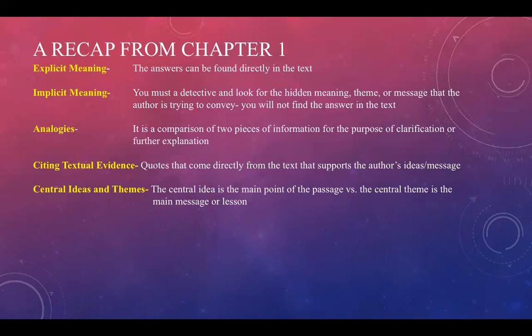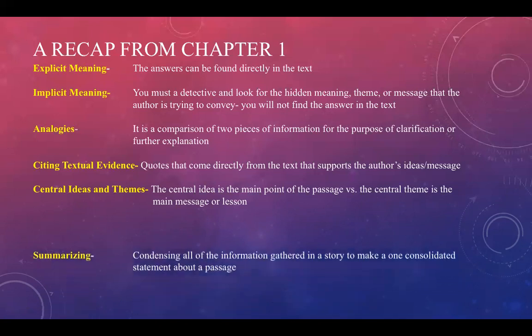You need to have this constantly flowing through your mind so that you can quickly deconstruct a piece of writing. Even if the language is difficult for you, you can deconstruct it quickly so that you can get to the test questions and answer them to the best of your ability.